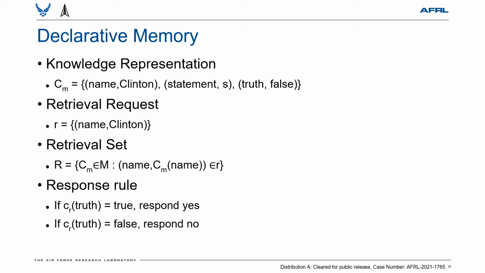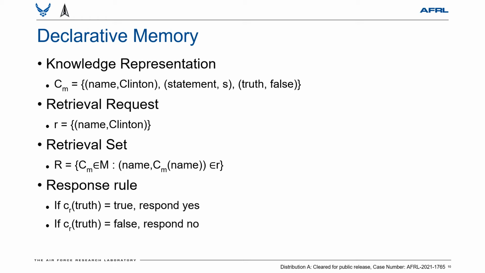After encoding the question, a retrieval request containing a slot and value for name is submitted to declarative memory. On the slide, the retrieval request is for a chunk that has the name Clinton. The retrieval set, denoted with an uppercase R, consists of all chunks that match the retrieval request.